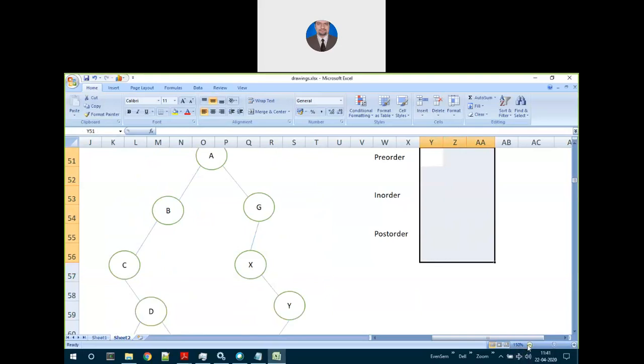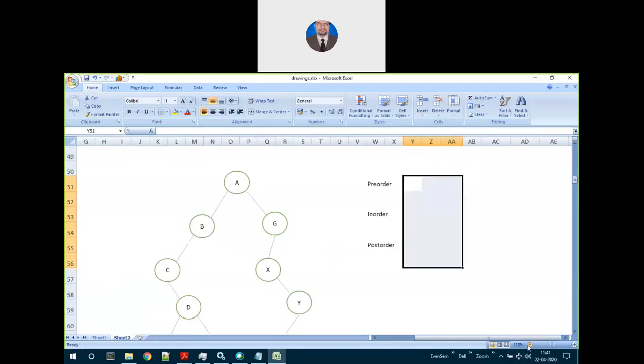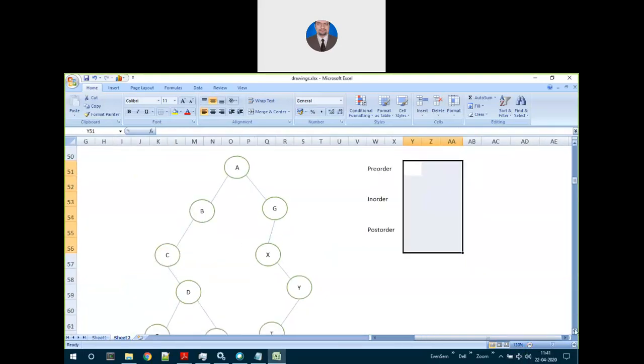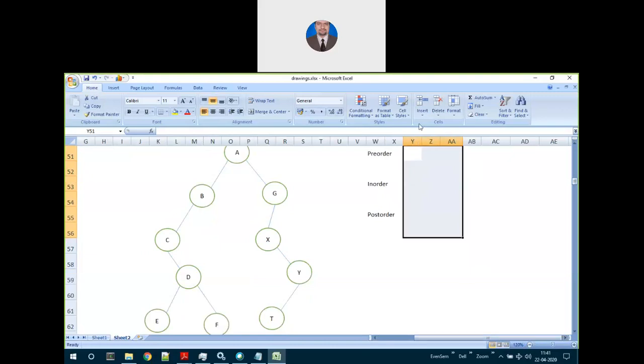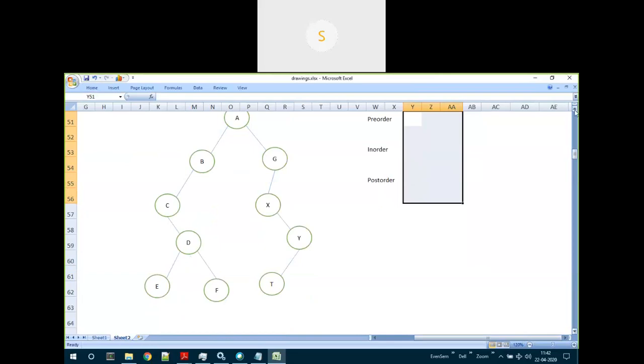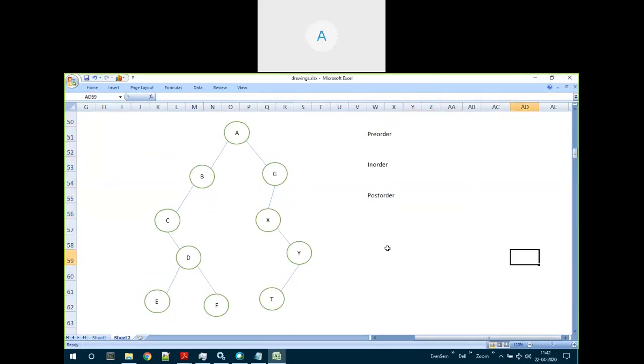Let me minimize the screen so that we can have the entire tree on the screen. Is this tree visible to everybody, or is the screen cutting off? Yes, sir.